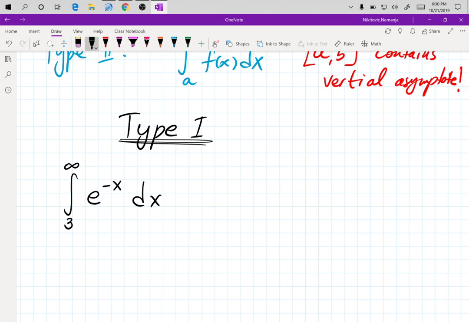Well, you are computing simply area under the curve. The curve is e to the negative x. You can graph that because you know, right? So it will be this one. It's the decay curve. And you are going to go to value 3.